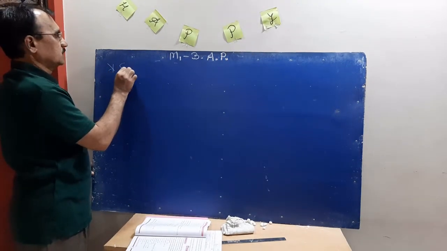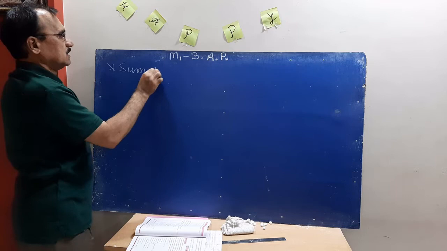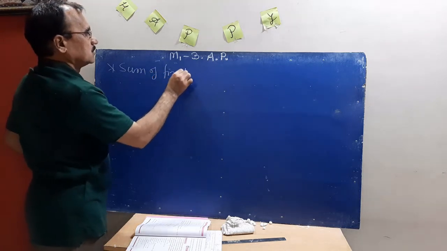Write down this: Sum of first n terms of an AP.